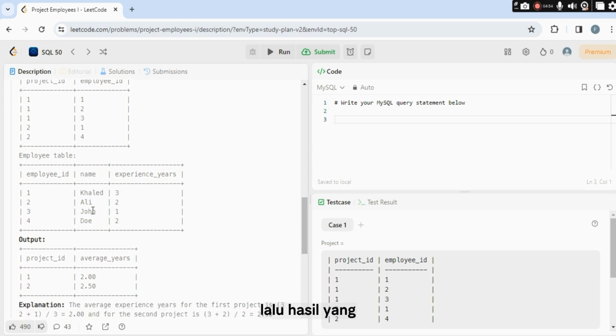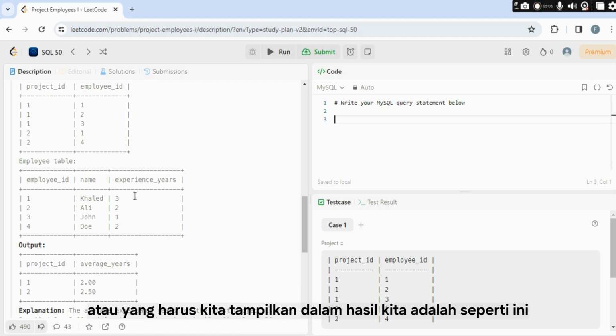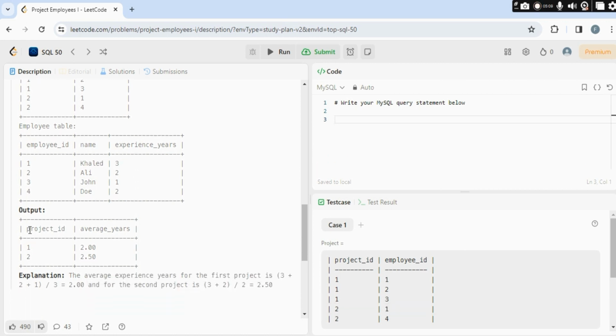And then the expected output that we have to display in our result is like this: project ID and average years.